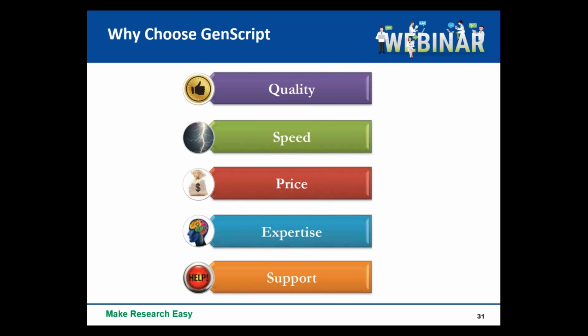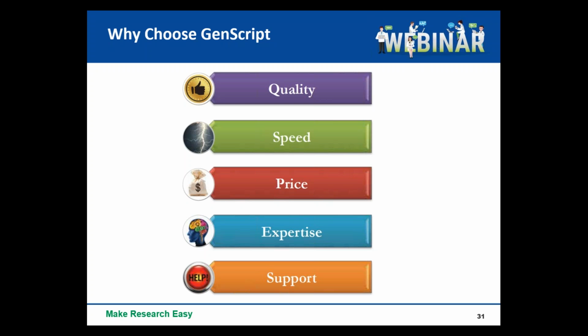Price, as you saw for the high throughput project, starting from 1 to 500, going from sequence to purified antibody is very, very competitive pricing, as is the case with many of our other services. And the expertise, as I was telling you, we have a wealth of expertise in our production team.